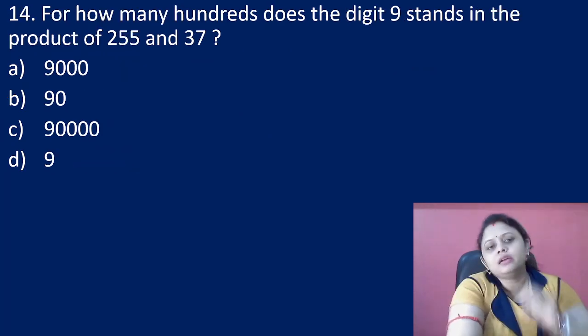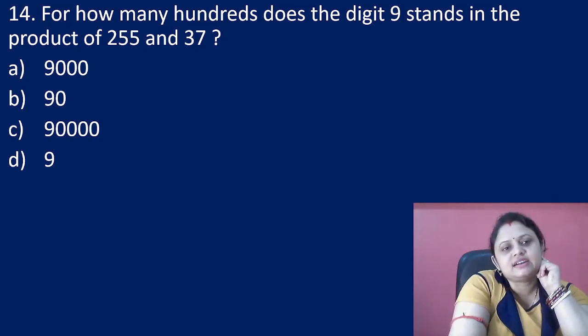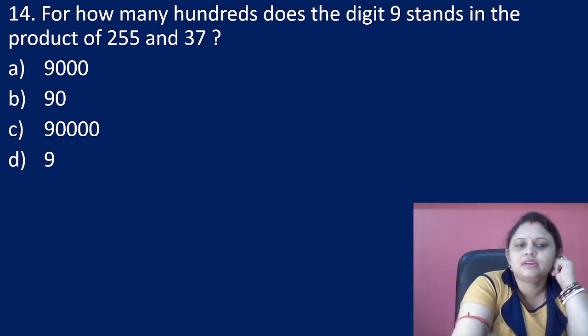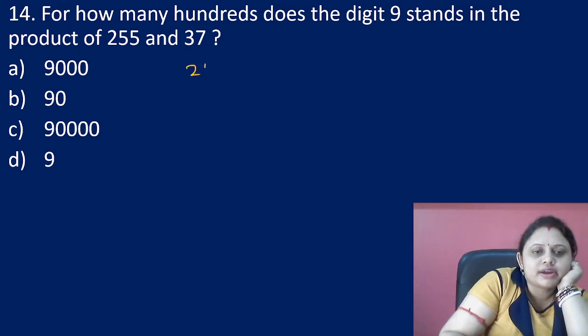For how many hundreds does the digit 9 stand in the product of 255 and 37? We have to find the product of 255 and 37.